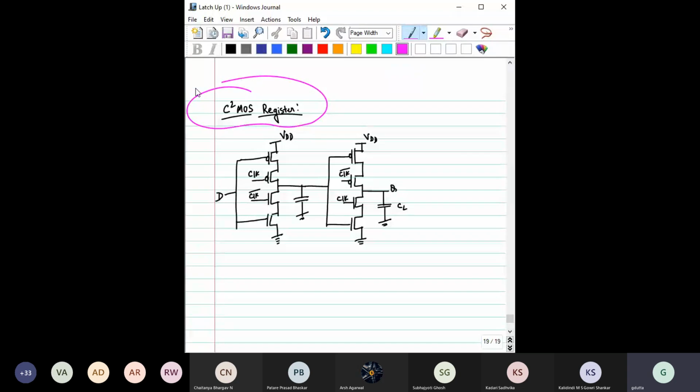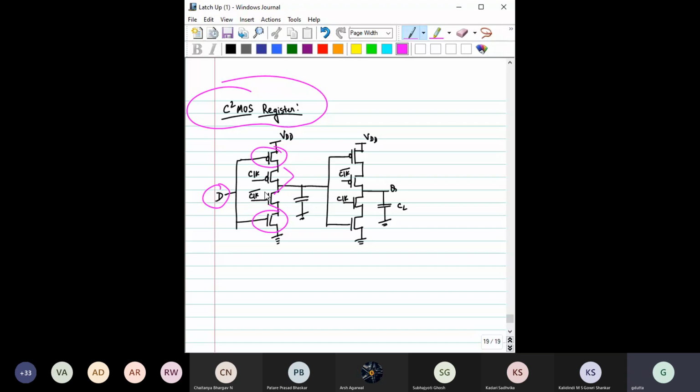So what do you mean by this C-square MOS? Here you see this is the D input. You apply this D input to this PMOS and NMOS. In the middle you have two more transistors, where you have connected clock and clock bar. You can compare it, though not one to one, with dynamic CMOS logic.